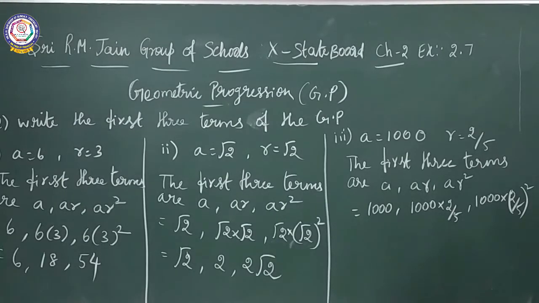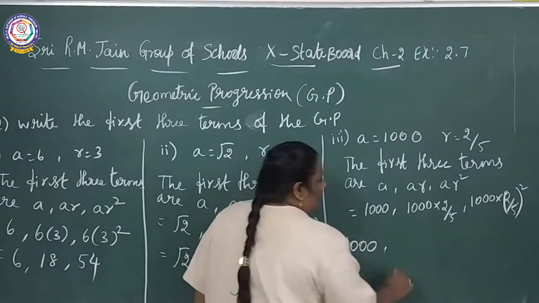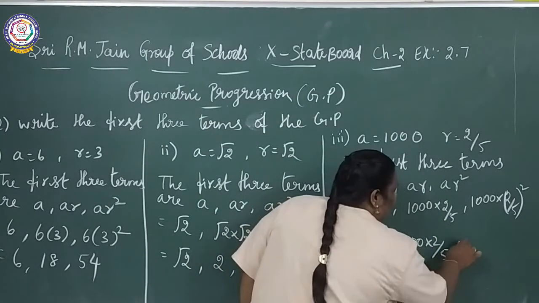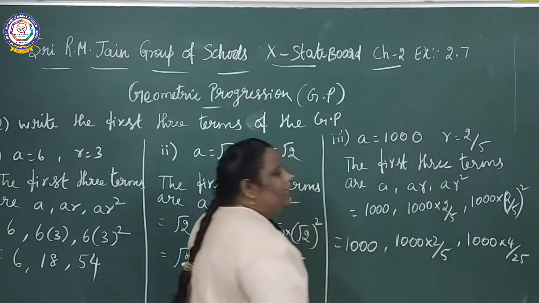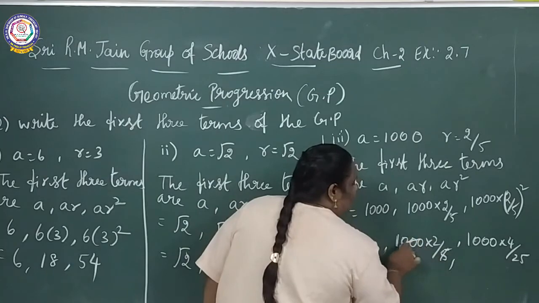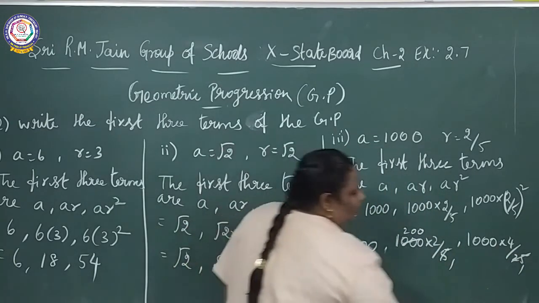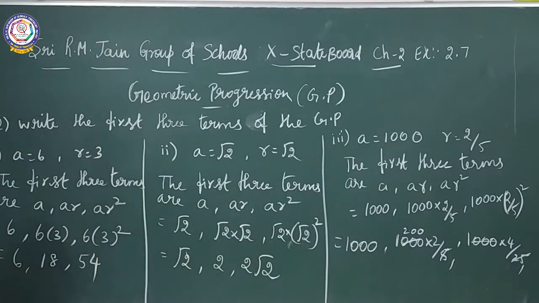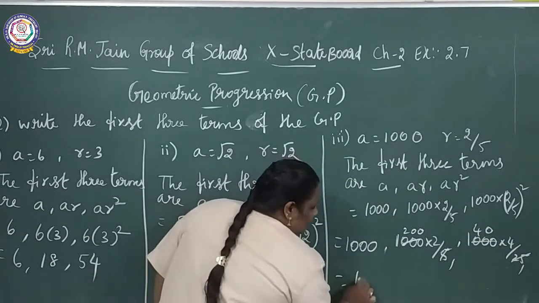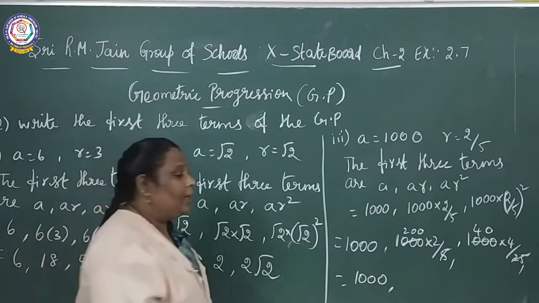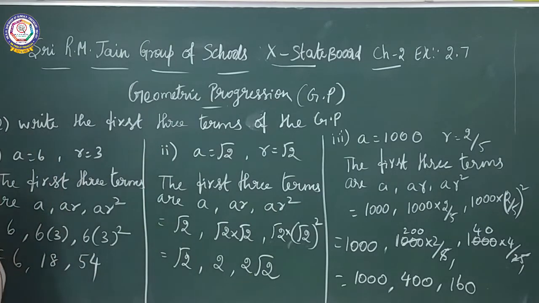So it gives 1000, 1000 into 2 by 5 is 400, and 1000 into 4 by 25 is 160. The first three terms are 1000, 400, 160.